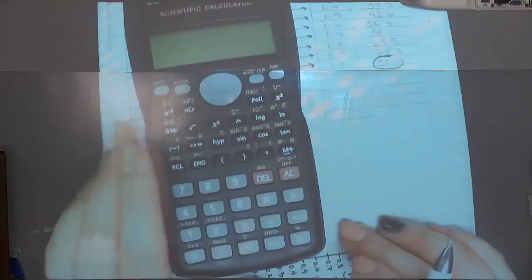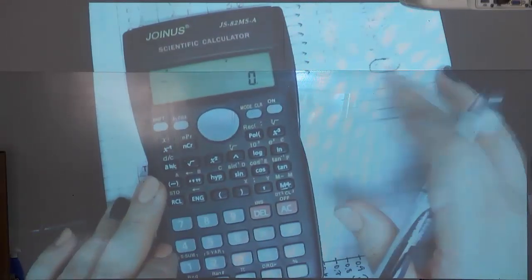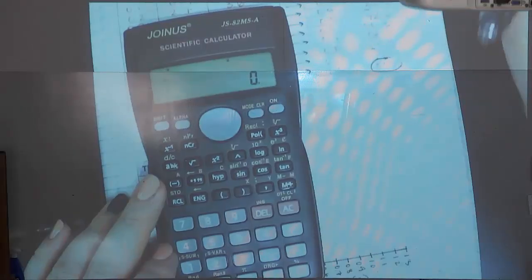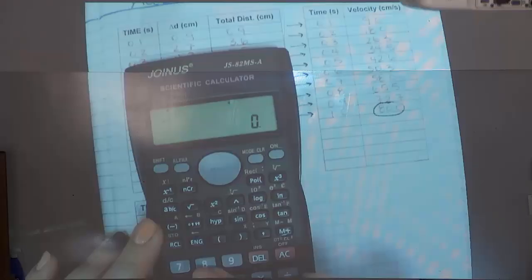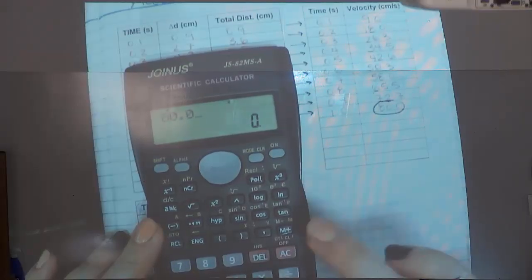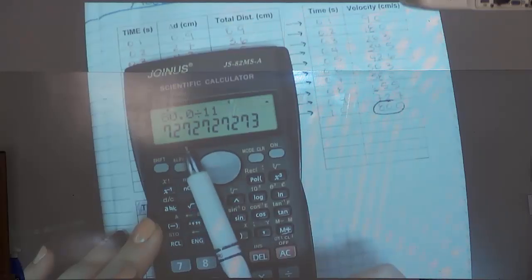So I'm going to take my calculator, and I'm going to do 80, that's my highest value. Remember to look at both of your tables. 7.872727.